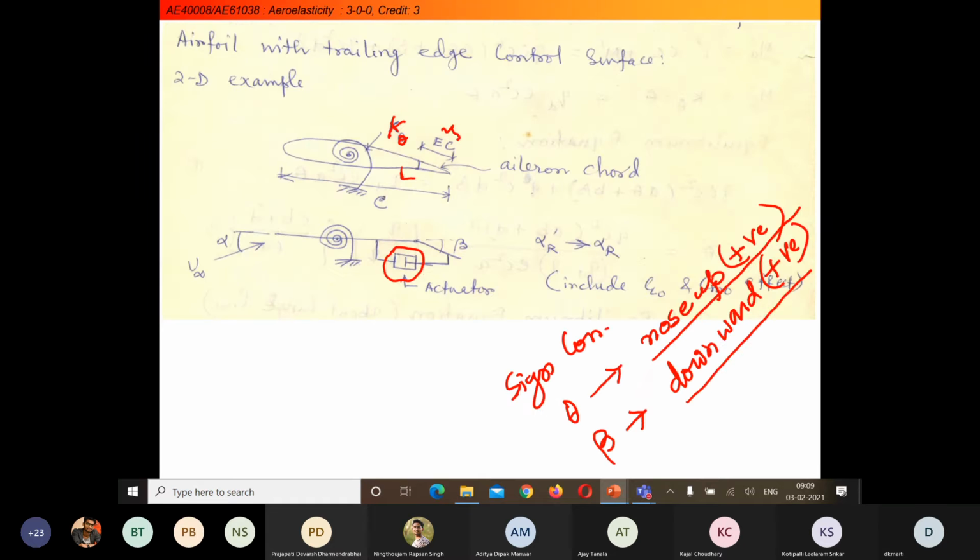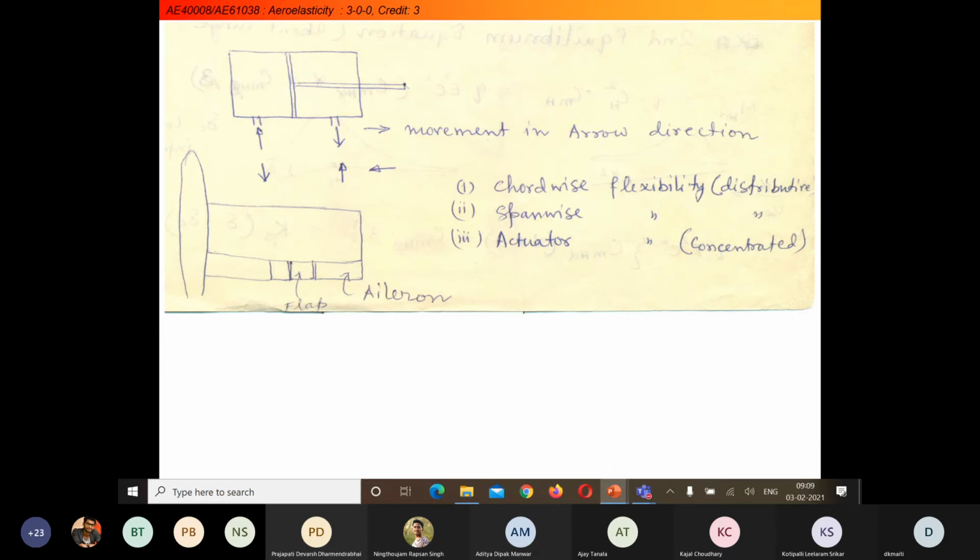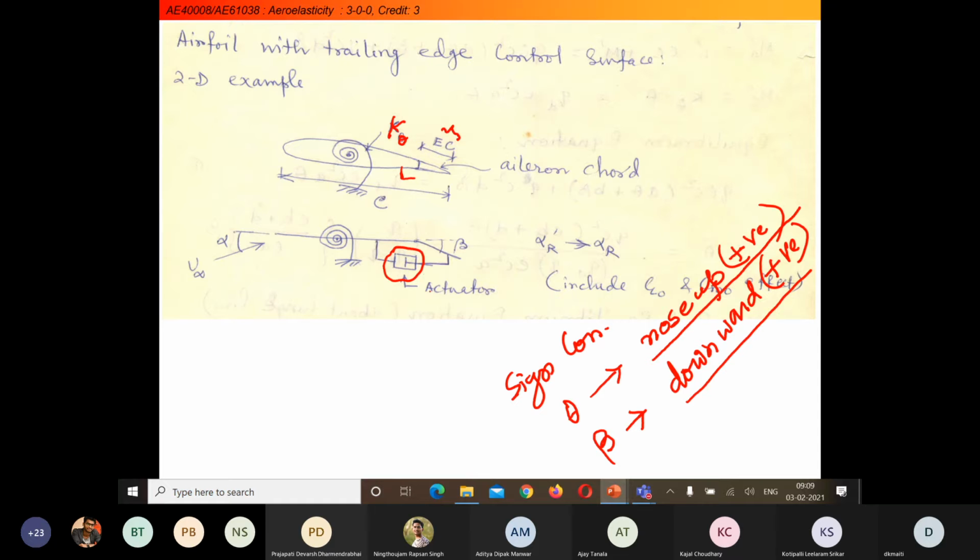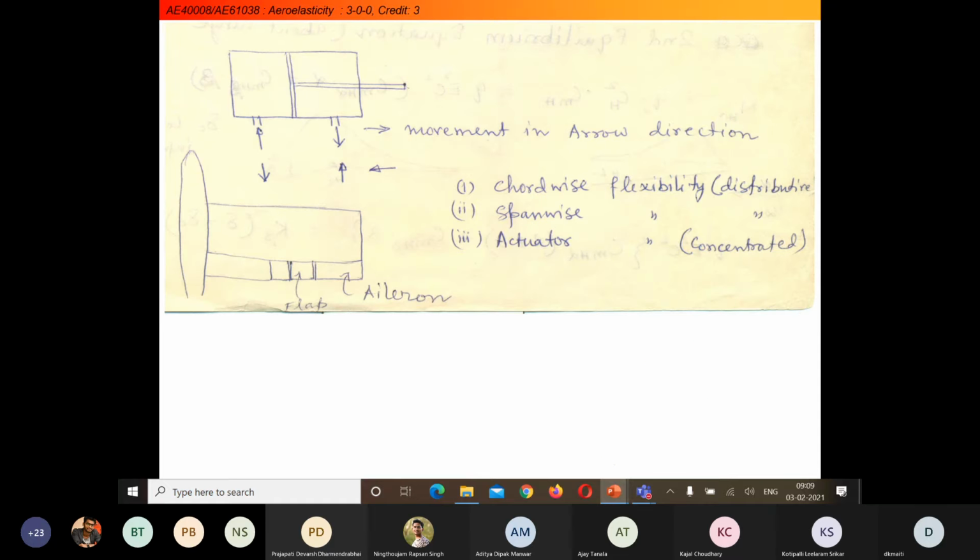So let us consider here how this actuator works. Basically, these actuators are hydraulic actuators. Suppose I want a deformation in this direction, the actuator deflection in this direction, basically to have an upward direction of the control surface, there will be fluid flow going inside this tank, and then pressure will be developed.